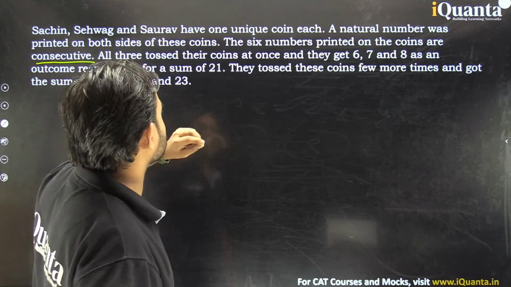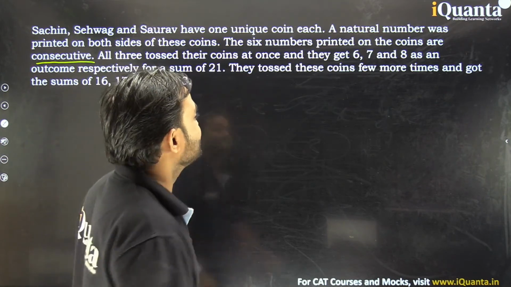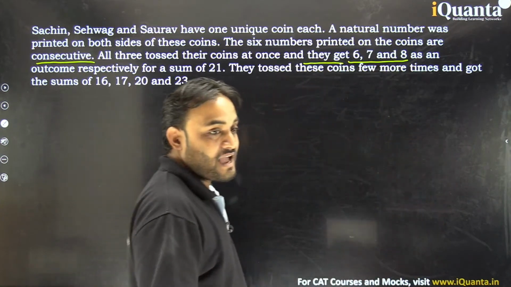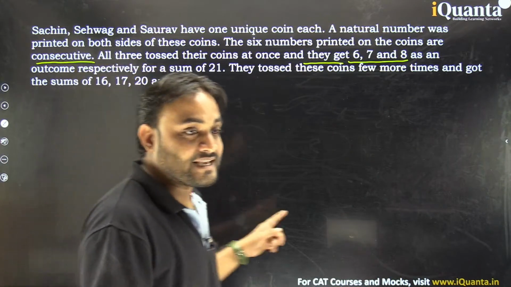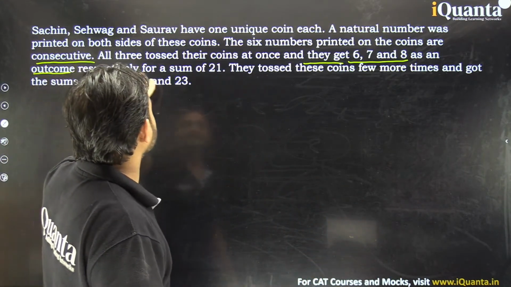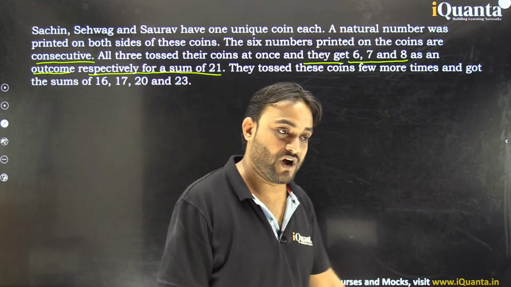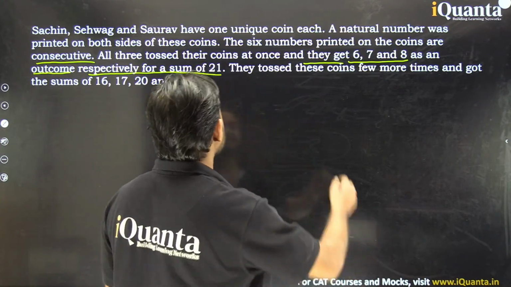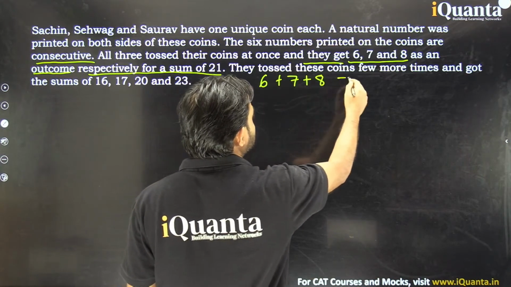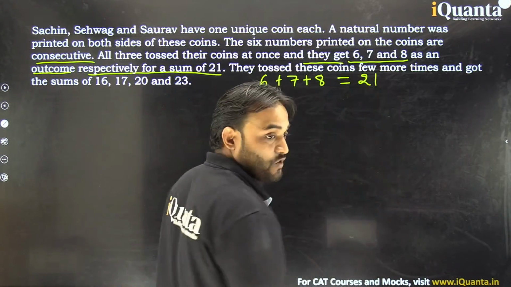All 3 tossed their coins at once and they get 6, 7 and 8 as an outcome respectively, for a sum of 21. Okay, so you can see that 6 plus 7 plus 8 is equal to 21.